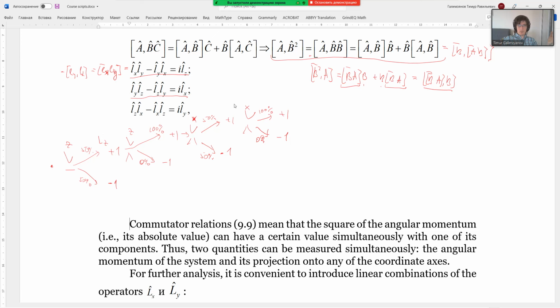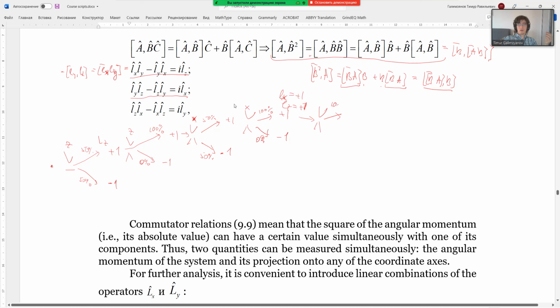So here we should have Lx equals +1, Lz equals +1. So if we measure z, we should get 100% +1, 0% -1.